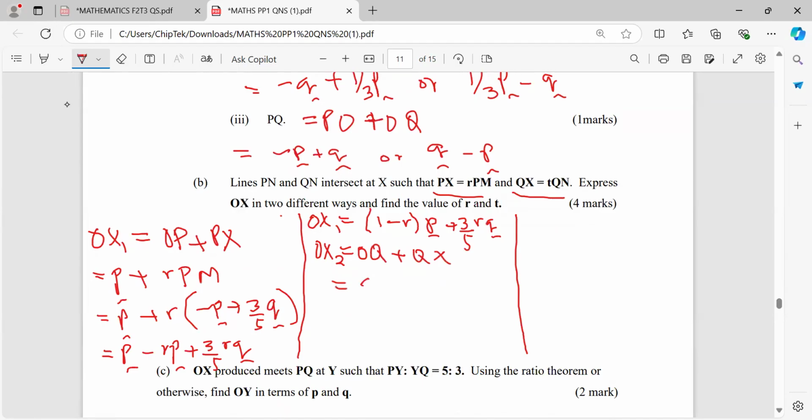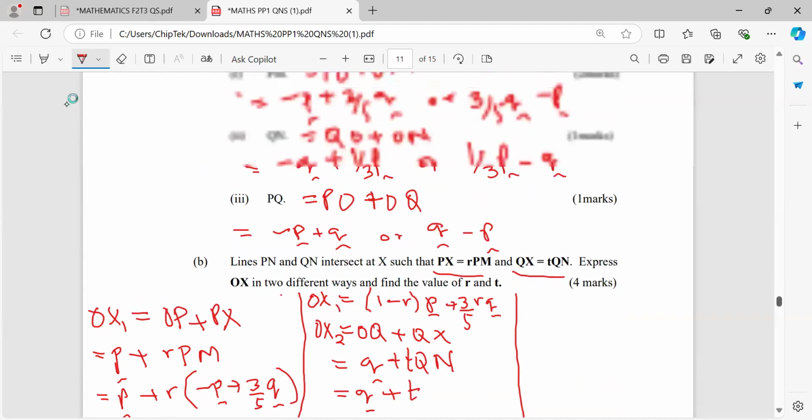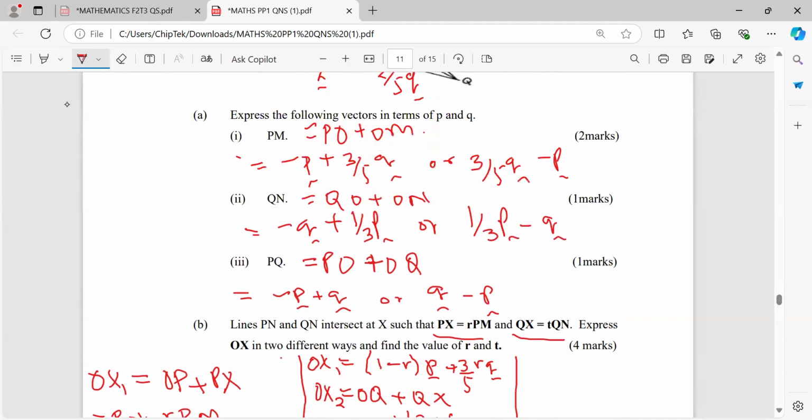OQ ni Q plus QX. QX tumepewa ni T times QN, na QN pia tulipewa, so ni rahisi. So plus T times hiyo QN, QN ni negative Q plus P.